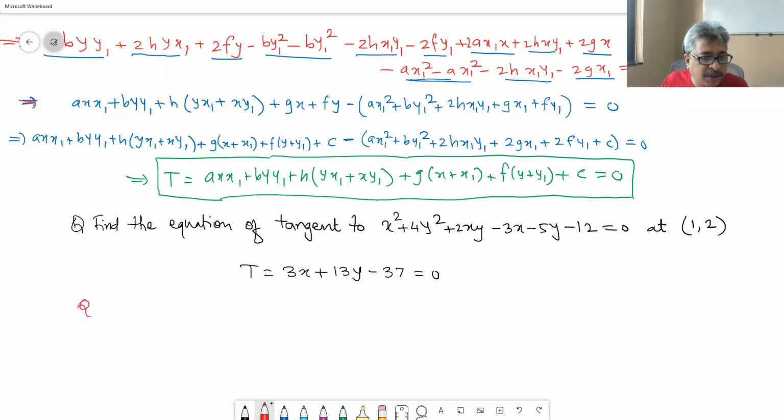Let us do one more question. Because we are studying circle, we should do it. x square plus y square plus 4x minus 6y minus 45 is equal to 0, and point P is 5, 6.